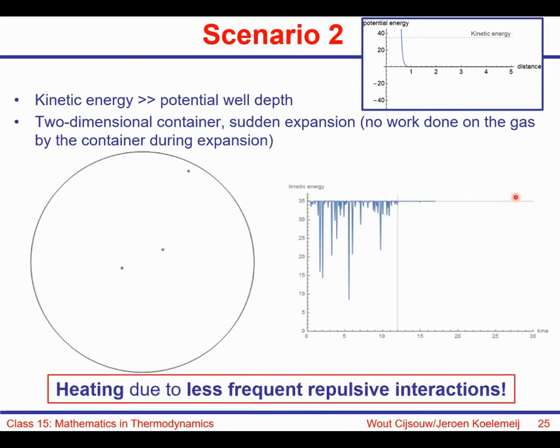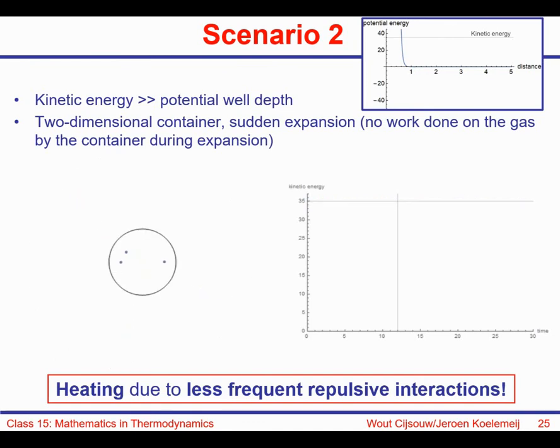So this is an example of heating due to less frequent repulsive interactions. The only thing that's different is the interaction potential relative to the kinetic energy. So these are 2 examples that hopefully give you some idea of how the interaction can lead sometimes to cooling during expansion and sometimes to heating.